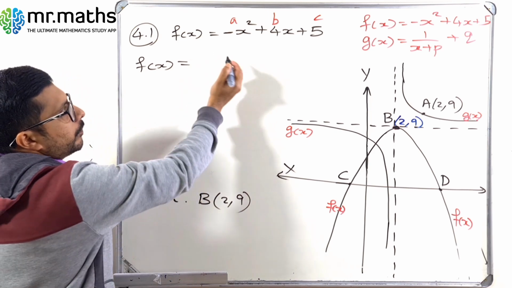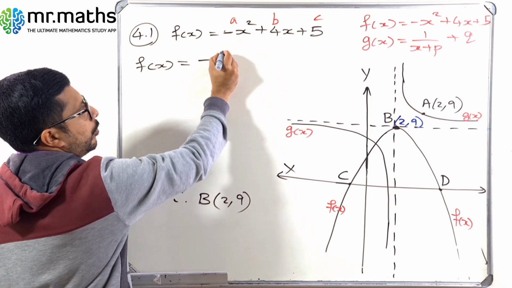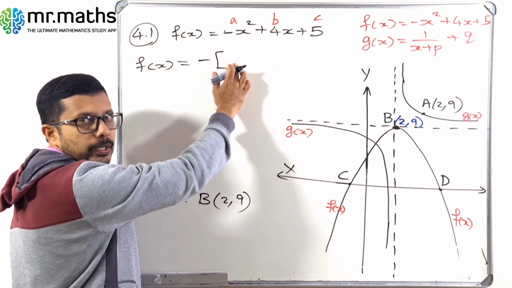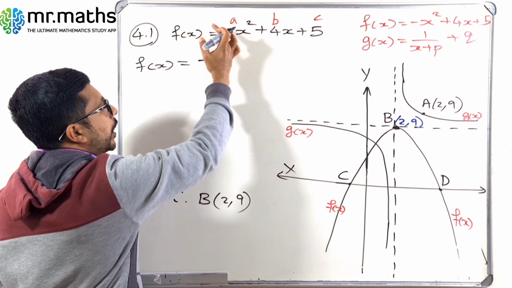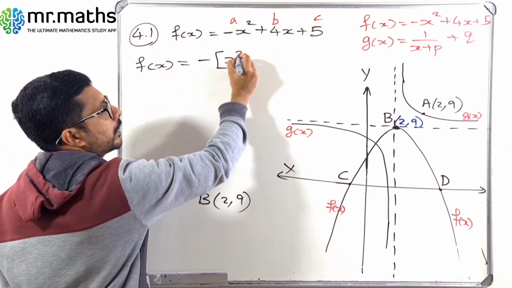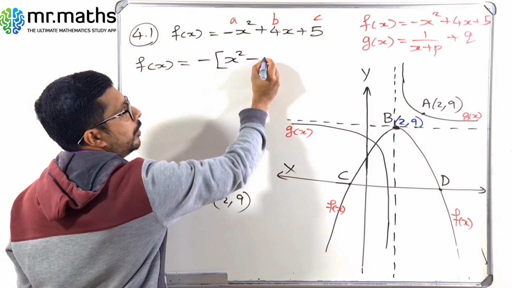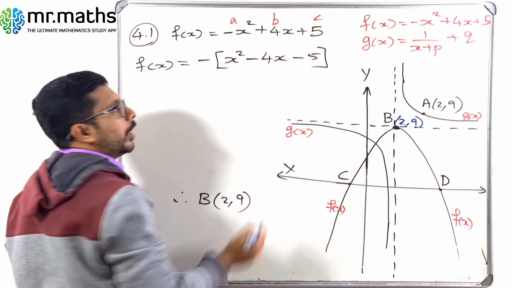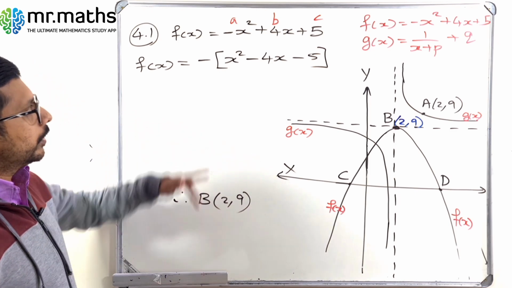Anyway, let me take the minus as common factor from this equation, because I want a positive x square term. If I take this minus as common factor outside the bracket, the remaining is x square, this plus becomes minus 4x, this plus becomes minus 5. Now try to expand.